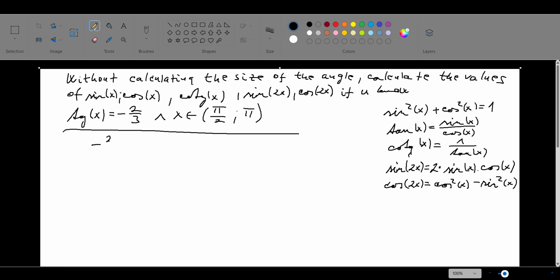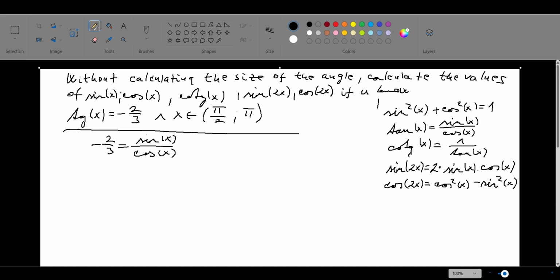It means negative 2 over 3 must be equal to sine of x over cosine of x. But as you can see, there are two unknowns in this equation, the sine of x and cosine of x. So we have to find out how to calculate these two.